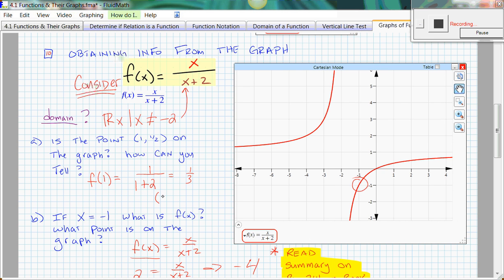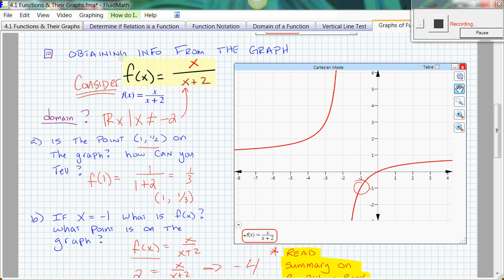So therefore, 1 comma 1/3 is on the graph. 1 comma 1/2 is not. So the input is 1, the output is 1/3, and that makes sense. If the input is 1 over here, the output right here is about 1/3. So when x is equal to 1, the output is 1/3.